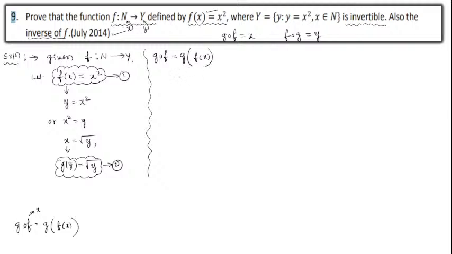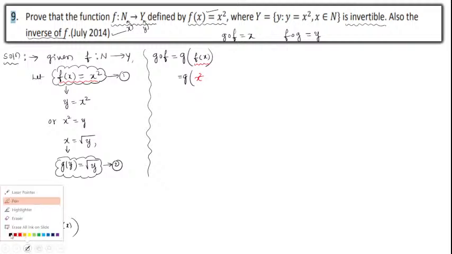That is equal to g of f of x, and f of x in the given function is x square. So g of f of x equals g of x square, you have to take x square.